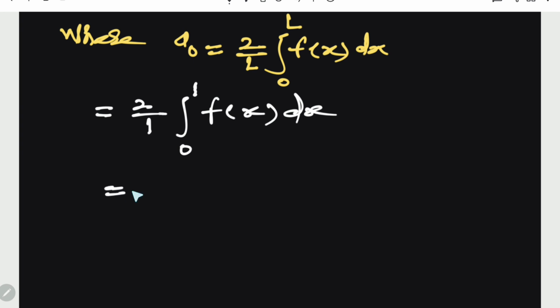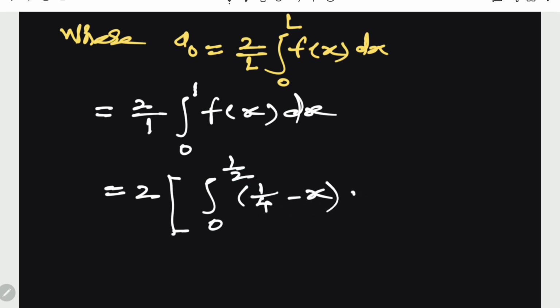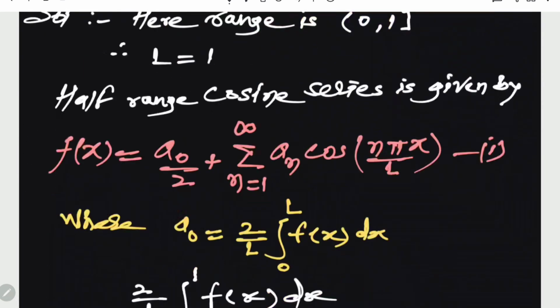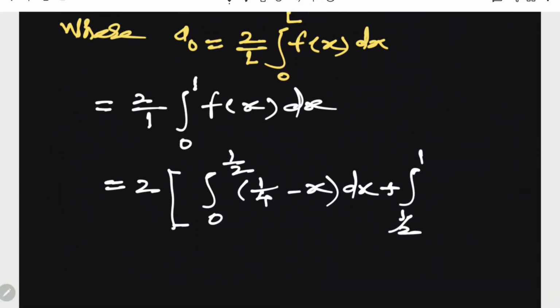In the next step, we split it as per the given information. Therefore, it is from 0 to 1 by 2, f of x is 1 by 4 minus x with respect to x, plus the second integral from 1 by 2 to 1, where the term is x minus 3 by 4 with respect to x.